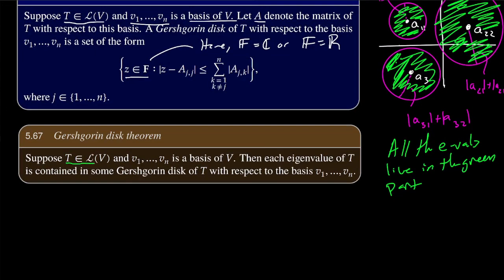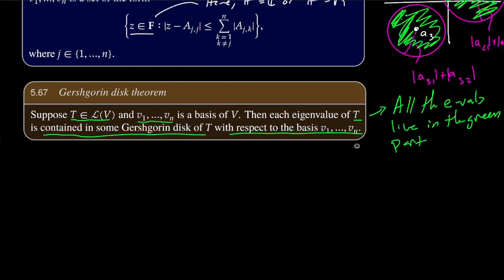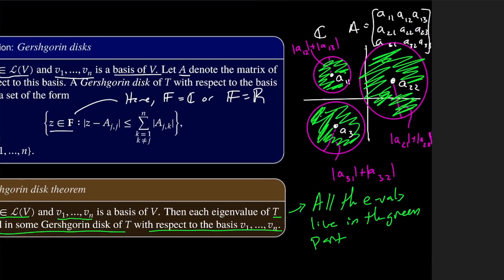Suppose T is in L(V), that is, it's an operator on V, and V1 through Vn is a basis of V. Then each eigenvalue of T is contained in some Gershgorin disk of T with respect to the basis V1 through Vn. That is, it's this picture right here. It says, here's your matrix. Put dots at all the diagonal entries, form circles with radius the sum of the absolute values of the non-diagonal parts of each row. All of the eigenvalues live in this.